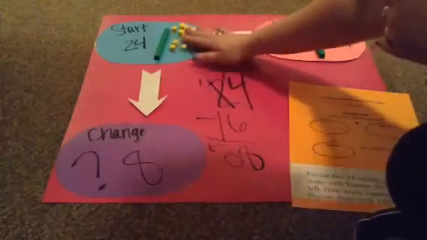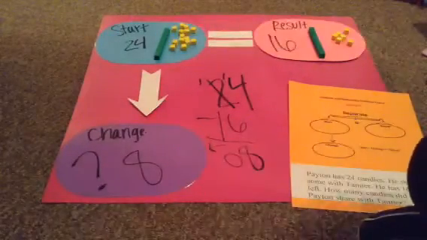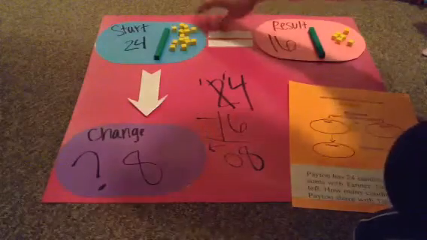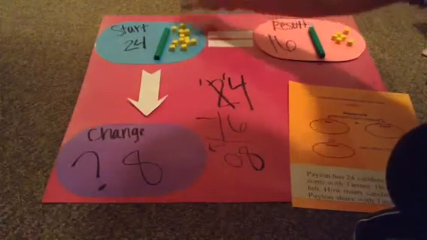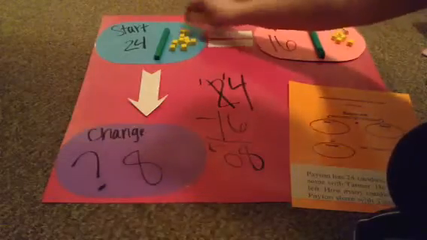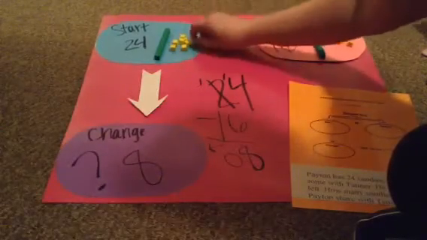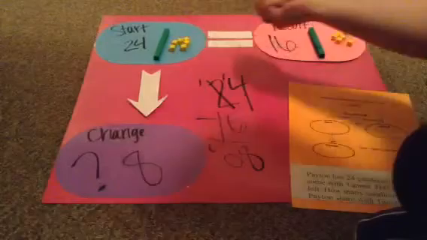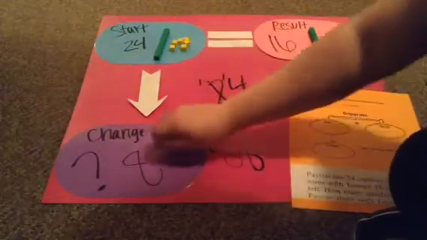Now we have enough so we can take away that 8. Okay, so let's grab 8. 1, 2, 3, 4, 5, 6, 7, 8. And we're going to take it away and put it down here.